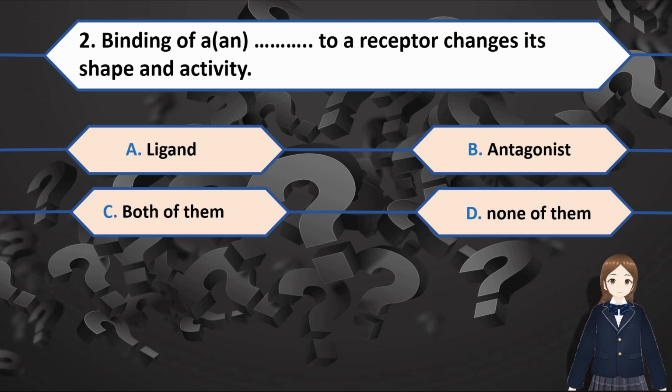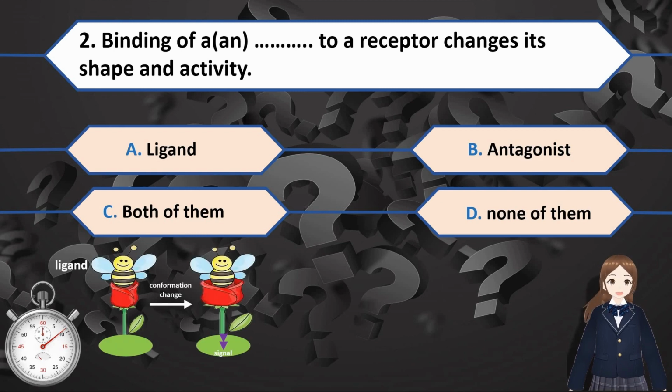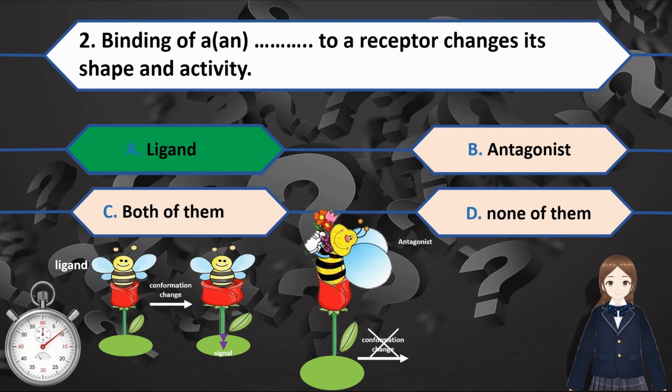You have 10 seconds time. Time is over. The correct is A. Binding of a ligand to a receptor changes its shape and activity.